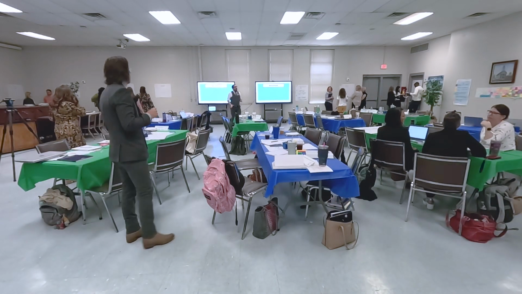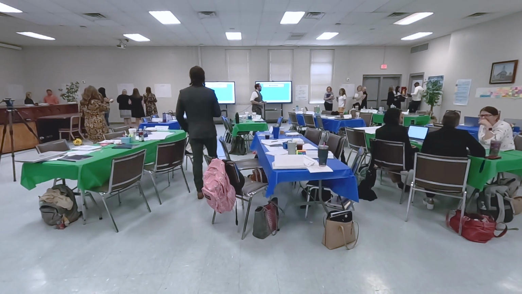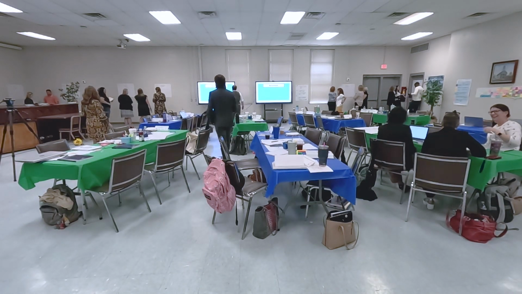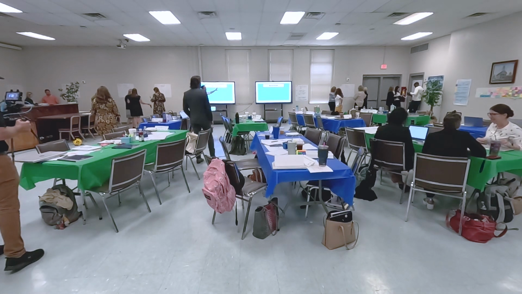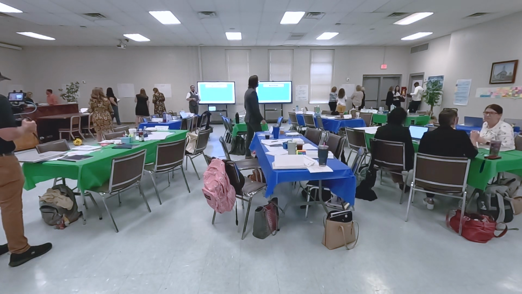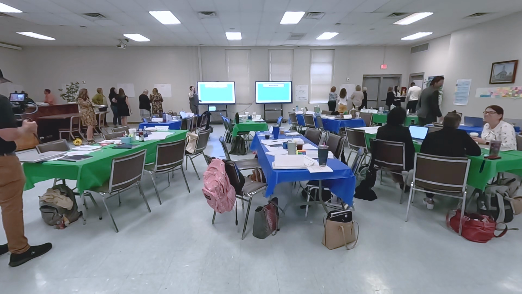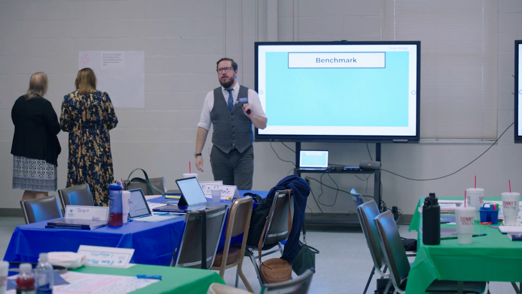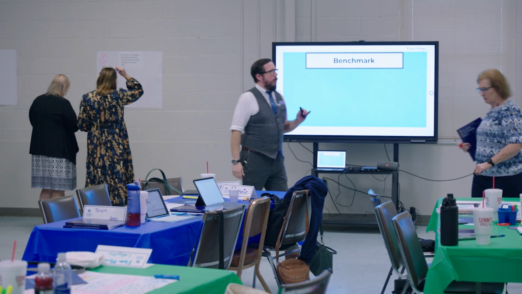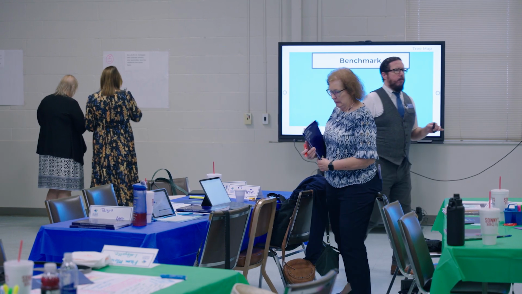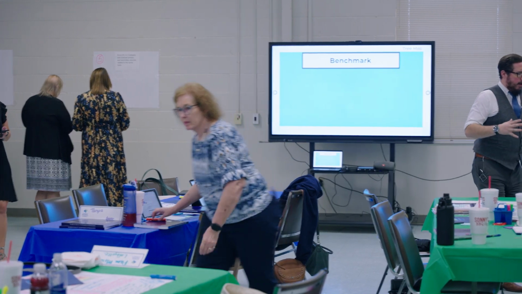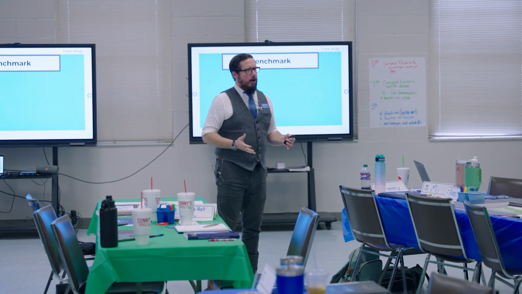All right, so at your chart, you'll notice at the top there is a large benchmark at the top. If you haven't already done so, take a second and read the benchmark and any clarifications that go along with it. And when you're done, what we're going to do is we are going to begin a bit of a connective flow chart.